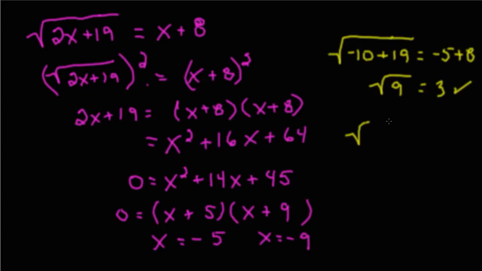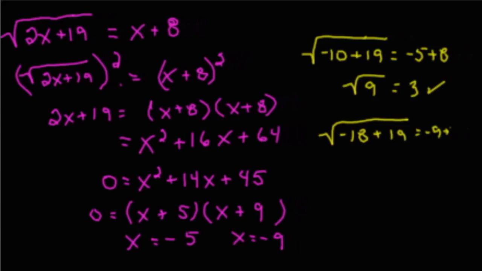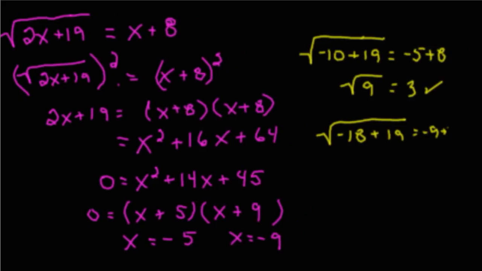If we substitute -9, we get the square root of 2 times -9, which is -18, plus 19, equals -9 plus 8.